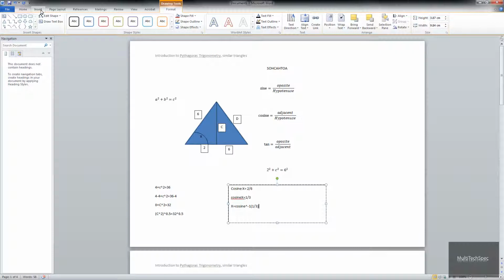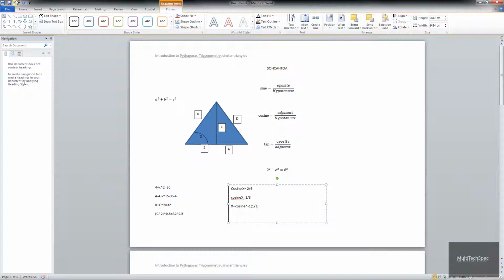Because cosine minus 1 is the same as saying tan inverse or cosine inverse or sine inverse. All you're doing is the inverse of the function that you were previously having. So effectively you're doing the reverse. I think I've got that right. I would say you're doing the inverse operation.